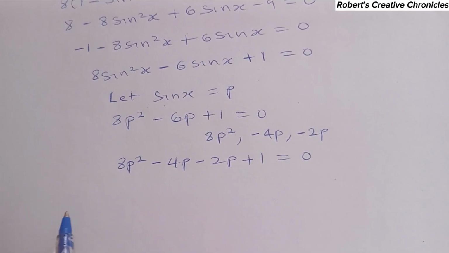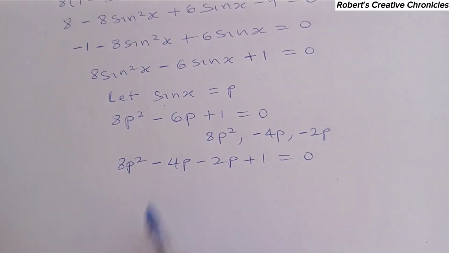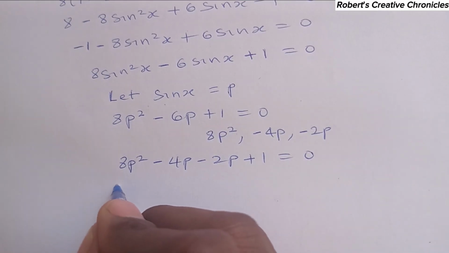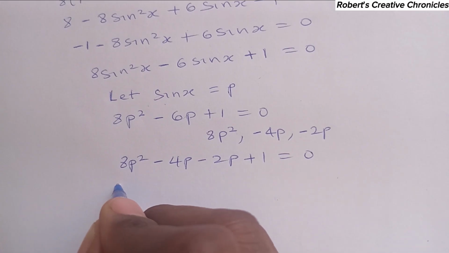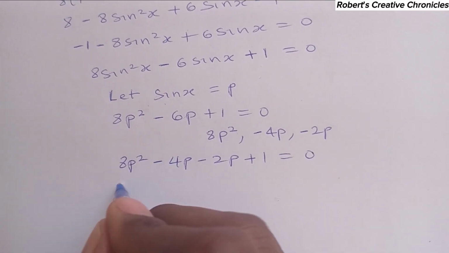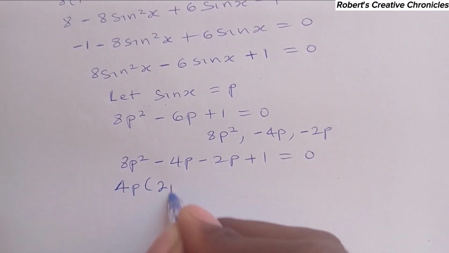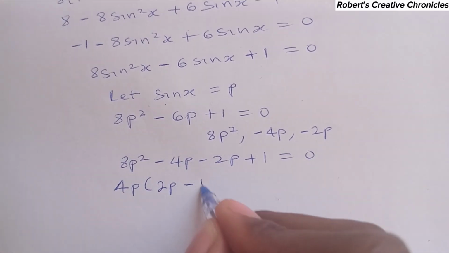Then we'll factorize it. The common term here is 4p, so this is 2p minus 1.